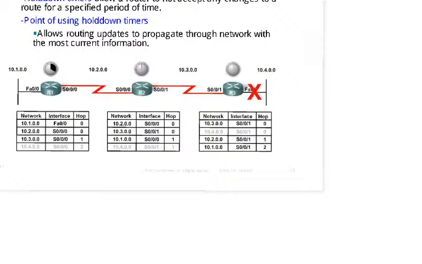Okay? So if during that duration the network does not come back up again, the hold down timer will mark this entry as permanently unusable. And similarly in router 1, permanently unusable.